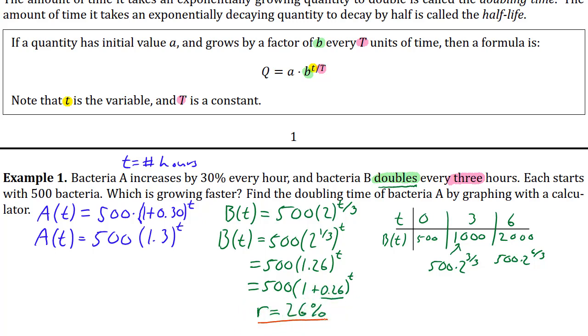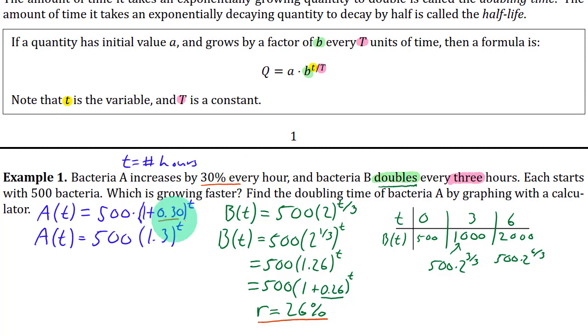And when you compare that with 30% that the other one's growing every hour, this is not growing as fast. So let's think about why that happens here. Like, why, if you just increase by 20% every hour, how does that lead you to doubling in 3 hours?